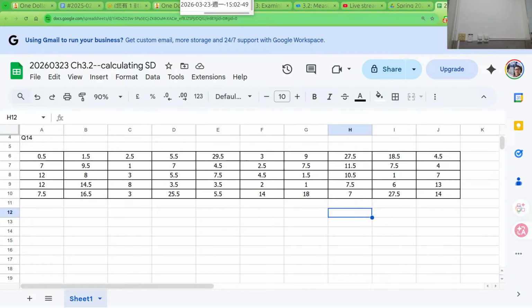Pick up the information from homework question 14, and copy the numbers here. Can I move on? Okay, sure.